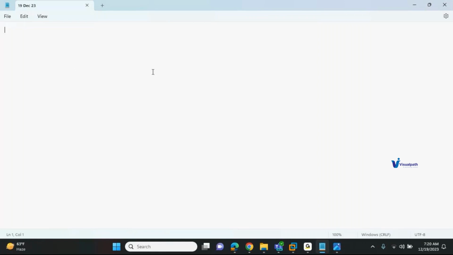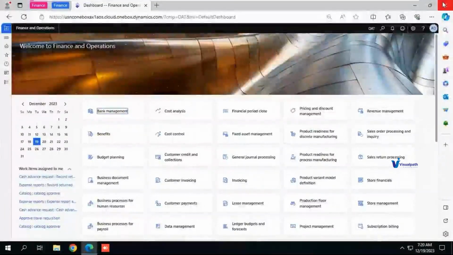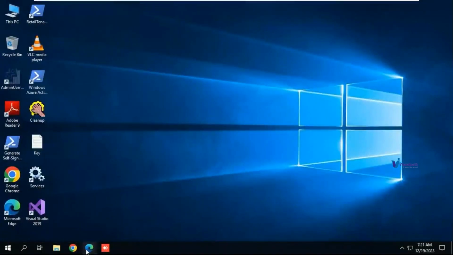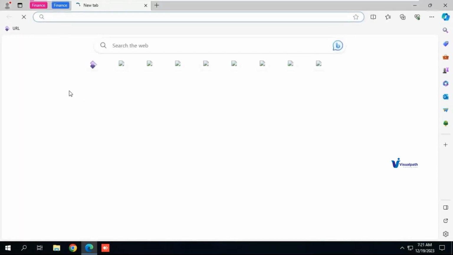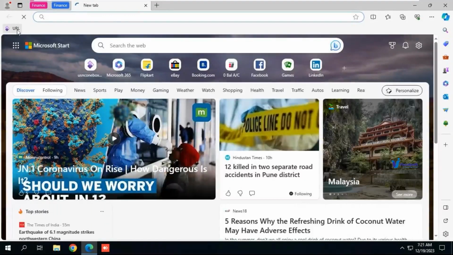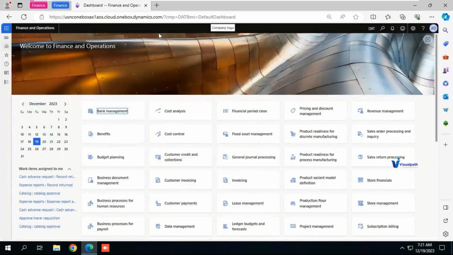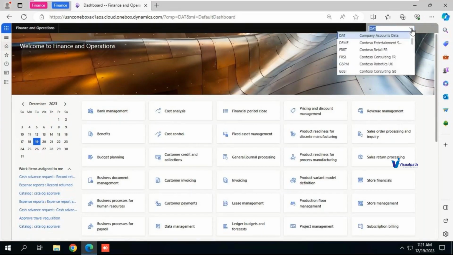Now we are learning about the application. Let me close and open once again. See, it is the browser, and you need to have one web link, and usually you need to enter a username and password. Then only it will open the application. Now you need to go here. These are the companies. Microsoft has provided sample data, so many sample companies.